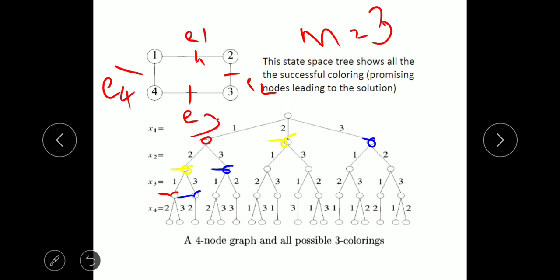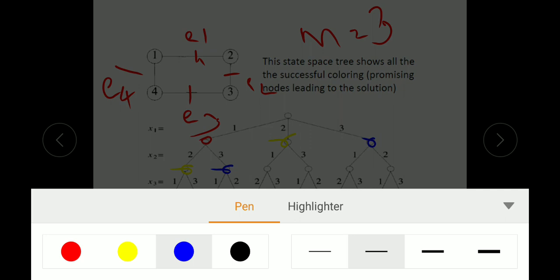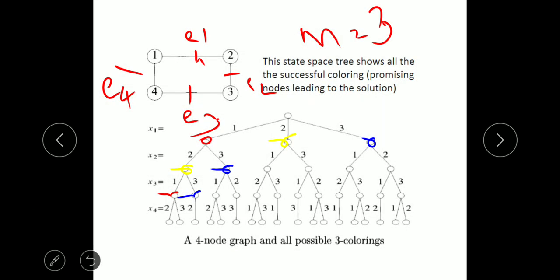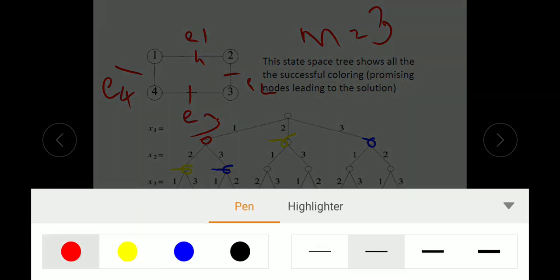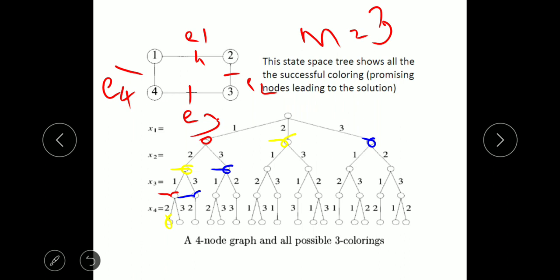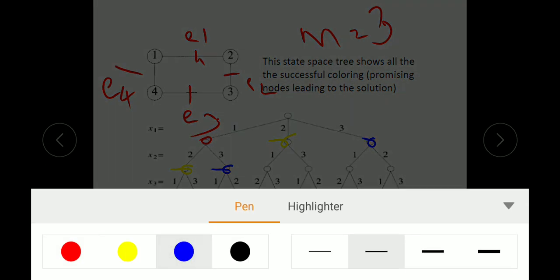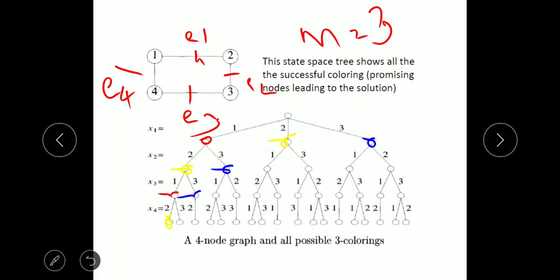And if I color vertex 3 with red, then the last vertex, vertex 4, is again left with two choices: it can be either yellow or blue.